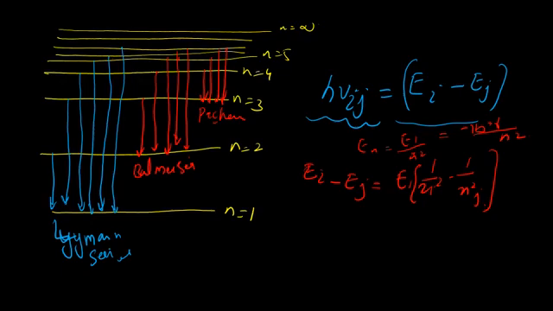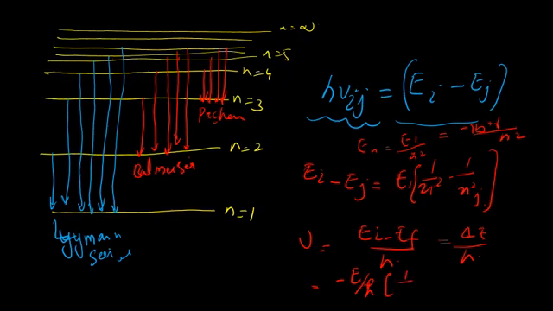Correspondingly, their frequency will be equal to Ei minus Ef over h, as the frequency is equal to delta E divided by h. So here again we can write it as minus E1 over h into 1 over n square f minus 1 over n square i.